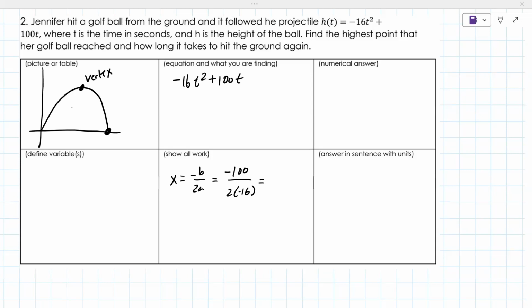I'm finding the y, right? Yep, got to find the y value. That's the actual height.